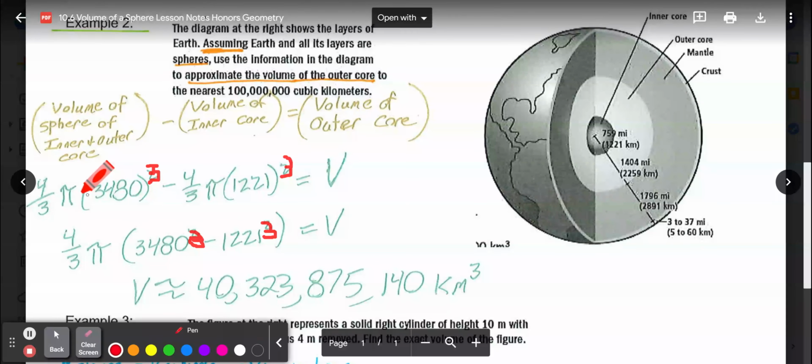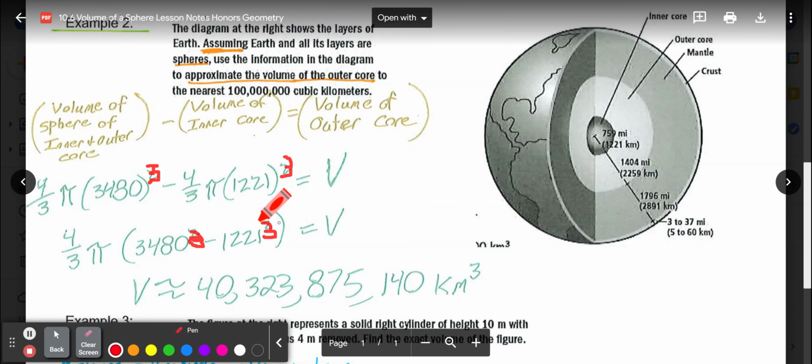So 4/3 multiplied by pi multiplied by 3,480 to the third power minus 4/3 multiplied by pi multiplied by 1,221 to the third power would give us the volume of just the outer core. So we can simplify that to 4/3 pi, and then in parentheses our 3,480 to the third minus 1,221 to the third.